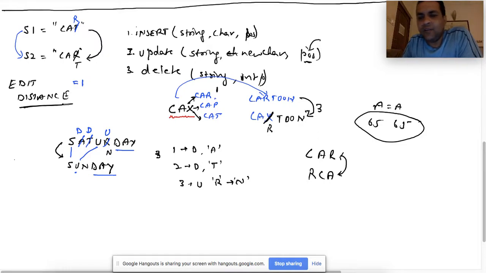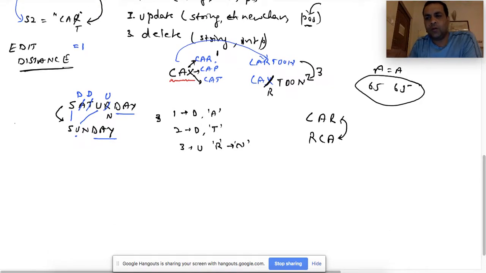I think you guys are probably not thinking recursively, right? So, what do we have? We have these two strings, Saturday and Sunday. I want to reduce the problem. Initially, I have n characters here and I have m characters here, right?